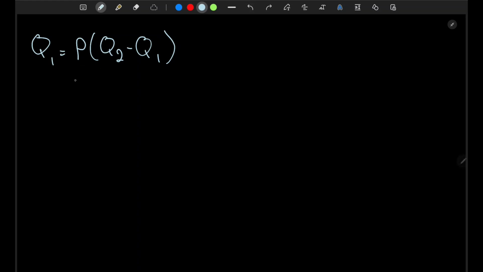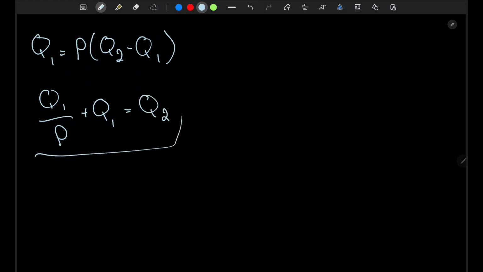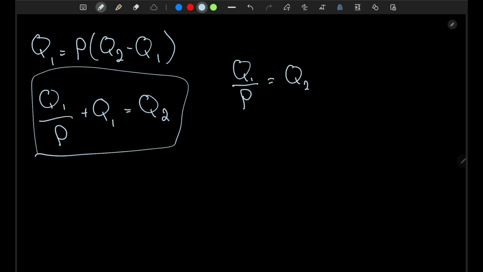So let's get rid of that P, Q1 over P, and then we're going to be left with that Q2 minus Q1. So if we take that Q1 and move it over, and there you go. So I'll do this one in a couple steps here so that you can just see what I really did. So if we move that P over, we're going to be left with Q2 minus Q1.